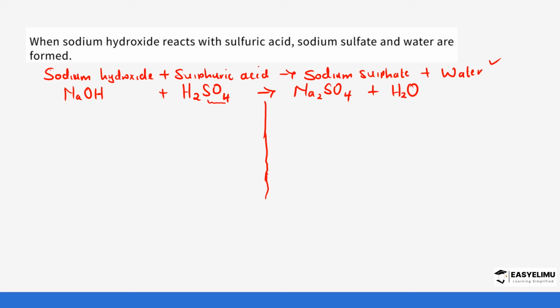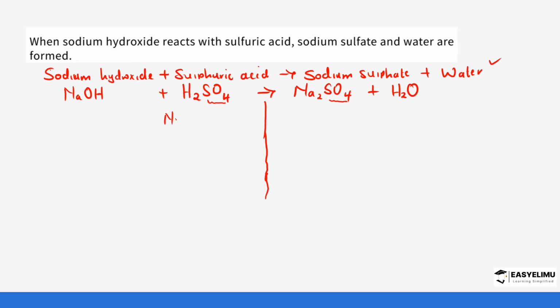You can see the same sulfate being repeated in the product. So whenever you see such a polyatomic ion being repeated on both sides, you do not have to separate the ions. Like you say sulfur and then oxygen, that becomes a lot of work. Because you have noticed it appears on both sides, we are going to put it as a whole in our calculation of the atoms. So this is what I'm saying.